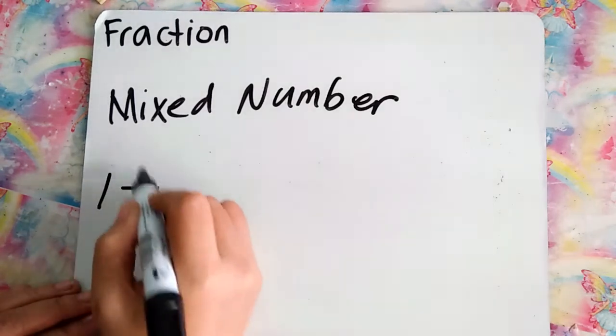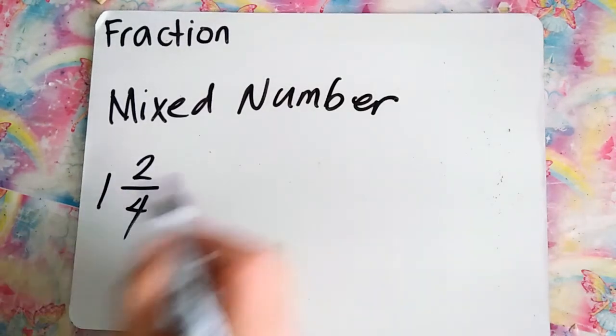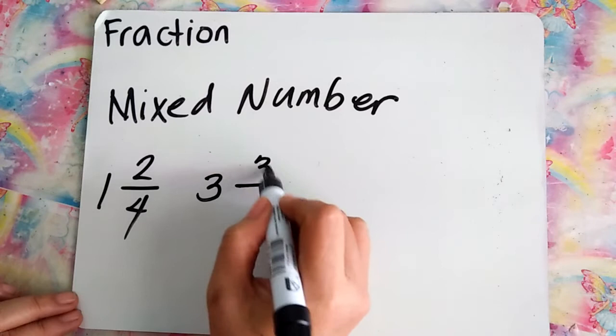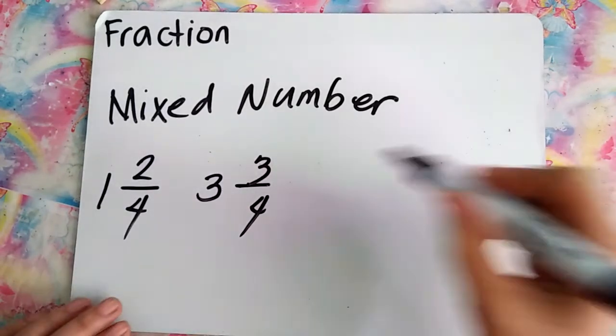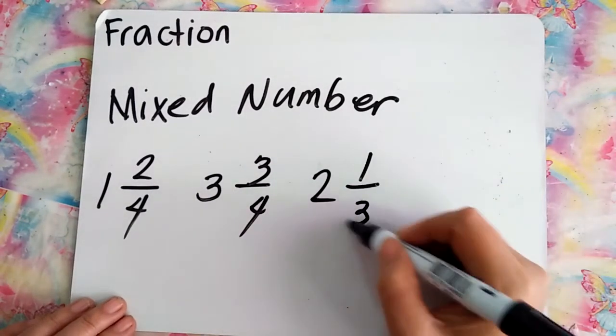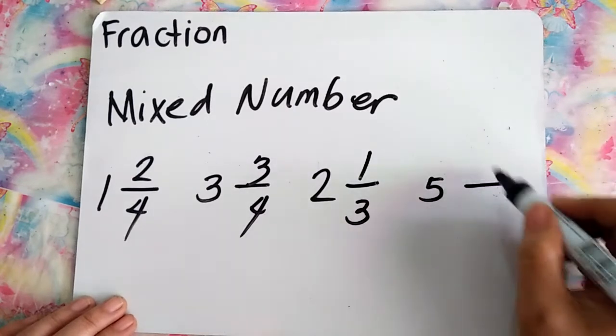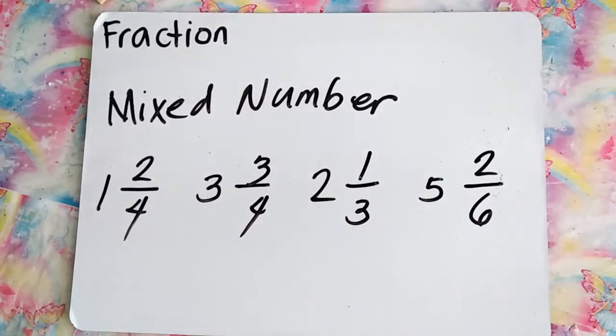Examples, 1 and 2 over 4, 3 and 3 over 4, 2 and 1 over 3, or 5 and 2 over 6. Those are examples of a mixed number. It has a combination of a whole number and a fraction.